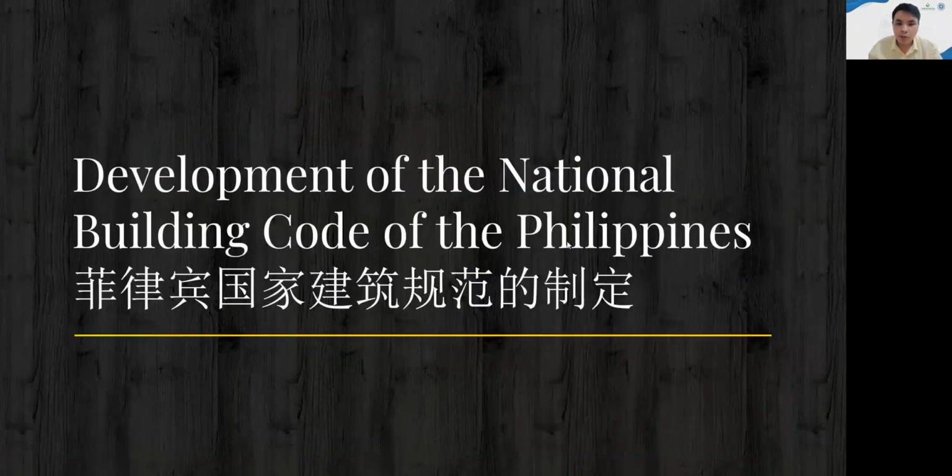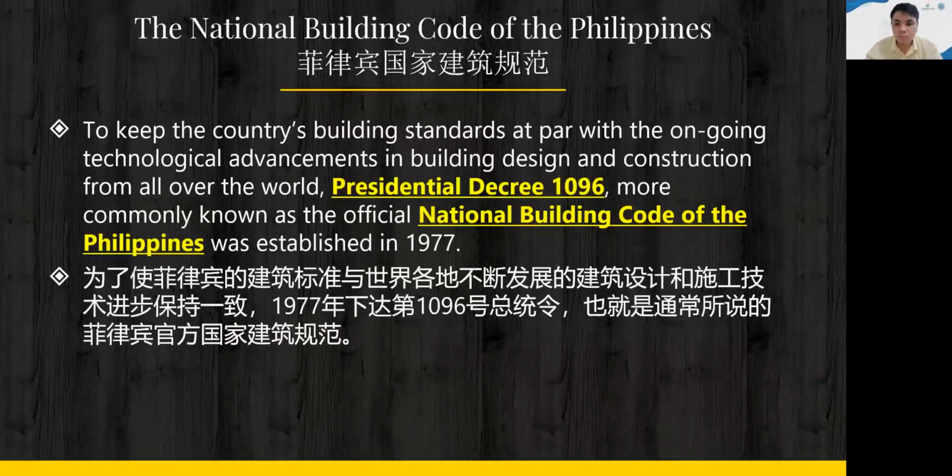I will now proceed with the development of the National Building Code of the Philippines. So, to keep the country's building standards at par with the ongoing technological advancement in building design and construction, the Philippine government enacted Presidential Decree 1096 to establish the National Building Code of the Philippines in 1977.